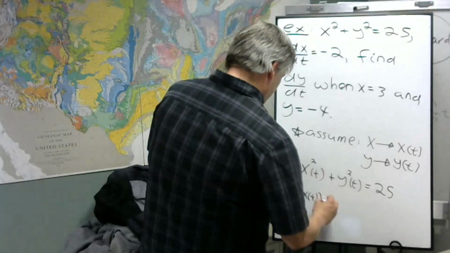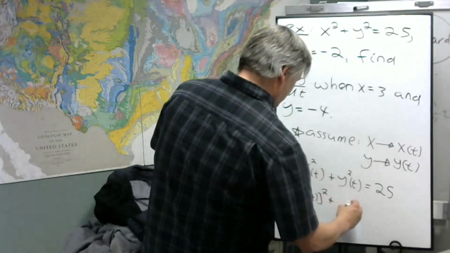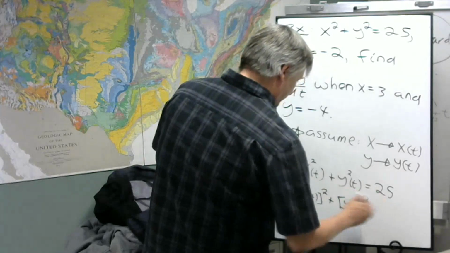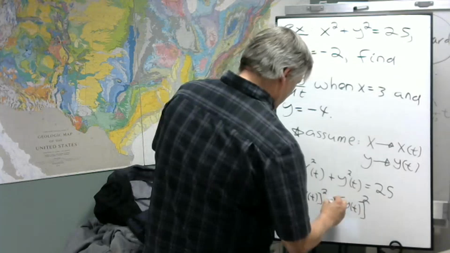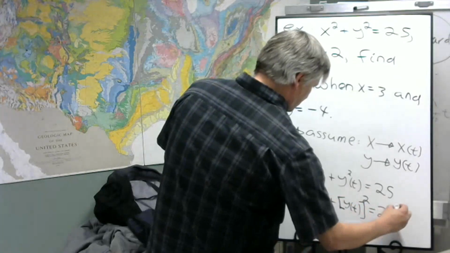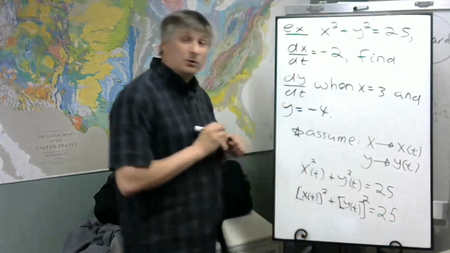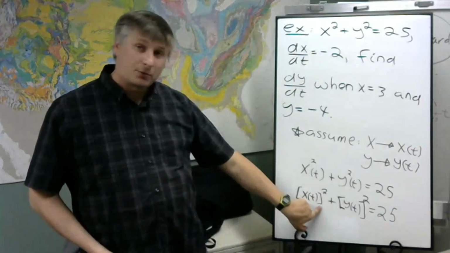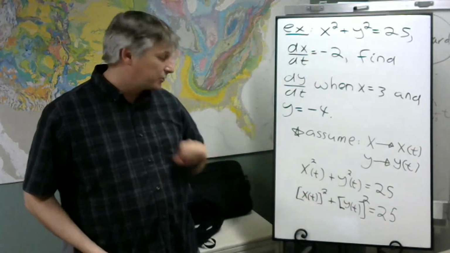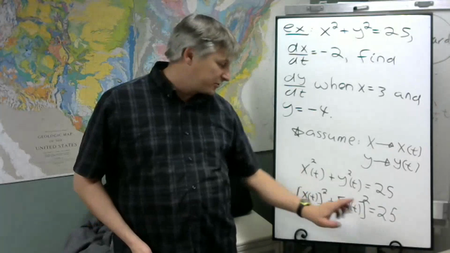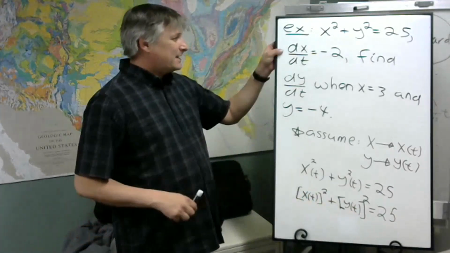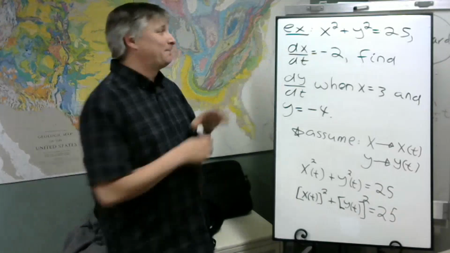or x of t squared plus y of t squared is equal to 25. So again, we got this outer square function, inner x function, outer square function, inner y function. Now we need to get a dx dt, dy dt.